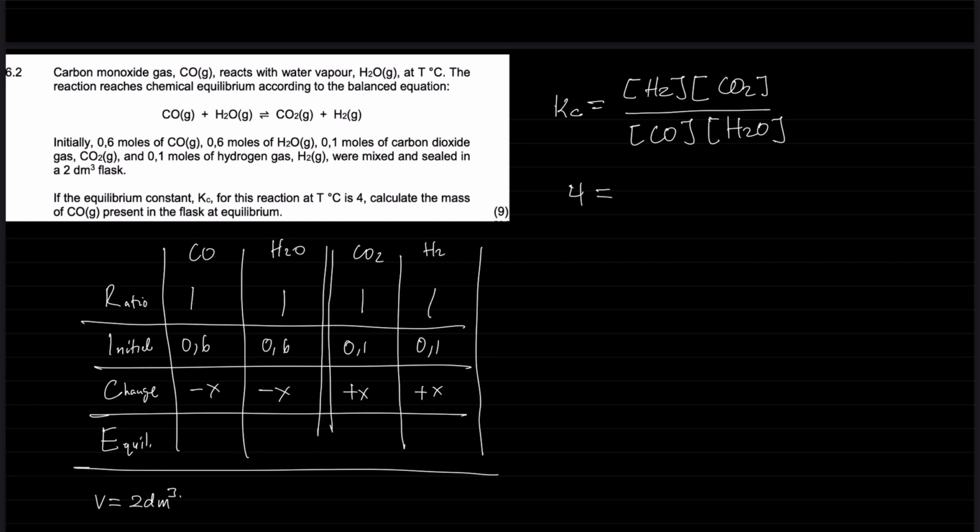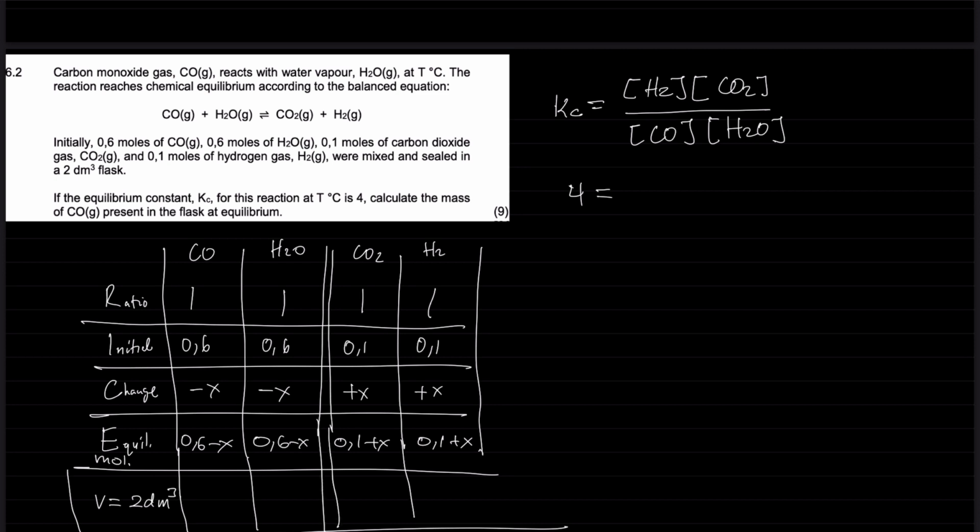That means at equilibrium, we're going to have 0.6 minus X here, 0.6 minus X here, 0.1 plus X here, and 0.1 plus X here. Don't forget, this is moles. For Kc, we need concentration, so we can add one more row, which would be our concentration row.